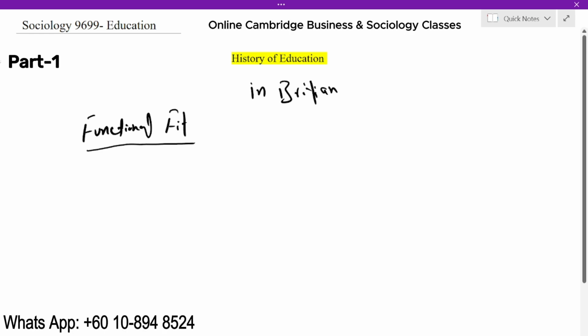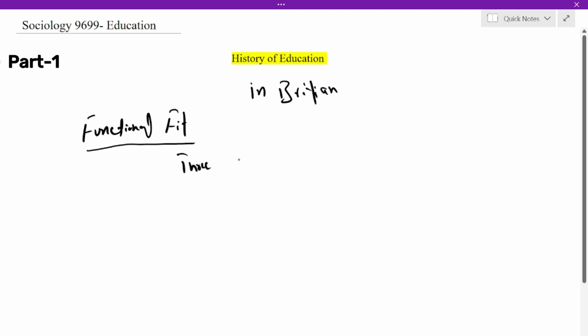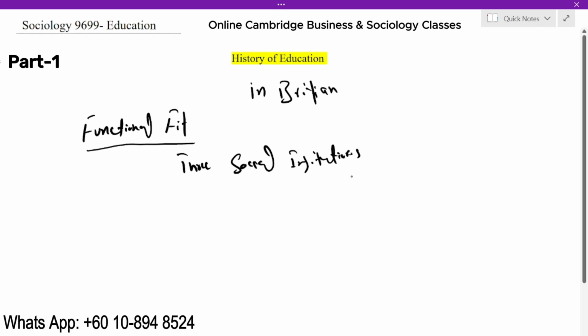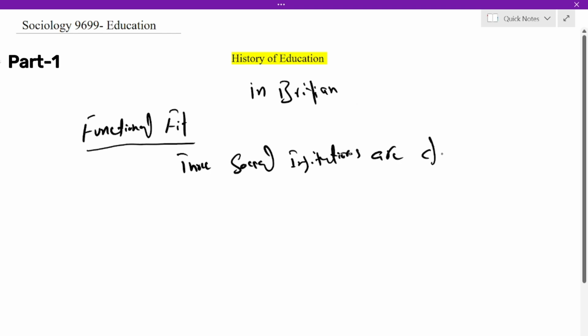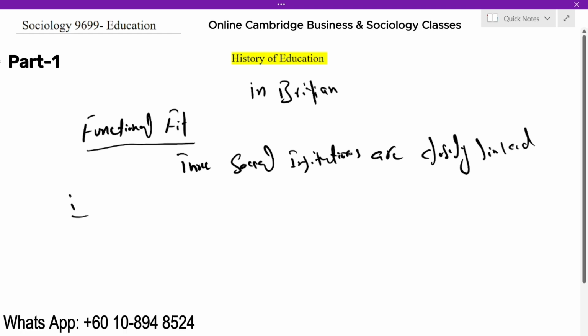Basically, there are three social institutions which are very closely interlinked. Number one, family.